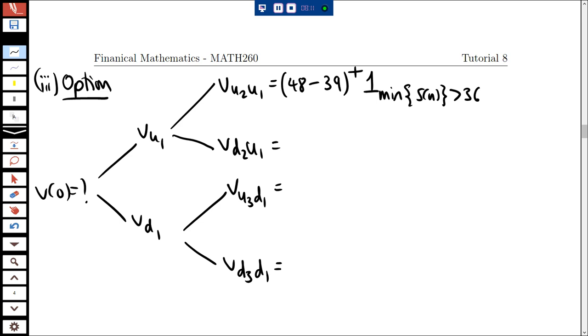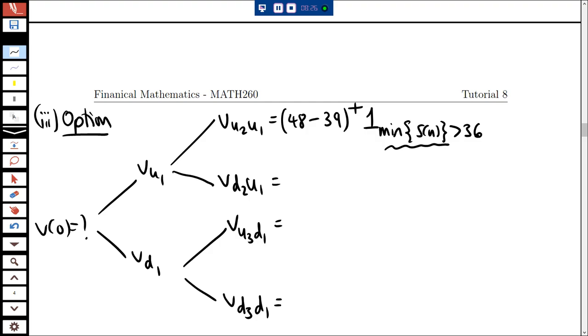Okay, so let's take a look at the share prices and see if they fall below 36. Given that in this particular situation the share price has risen and then risen again, I don't think it's going to have fallen, but let's check it.